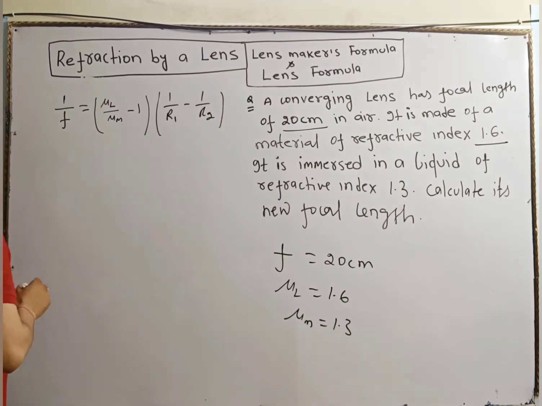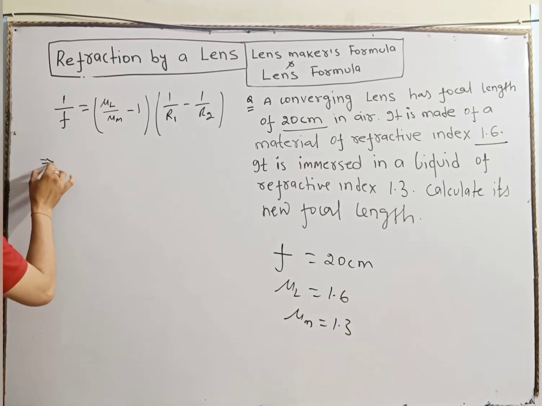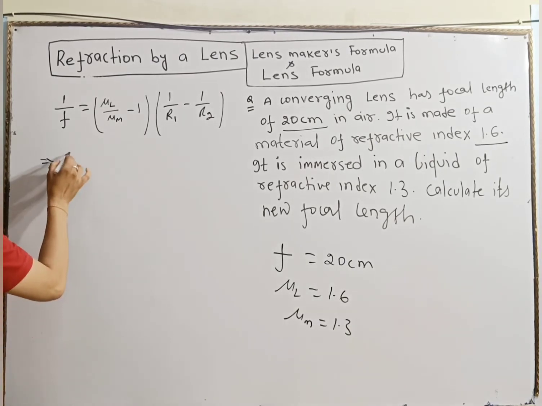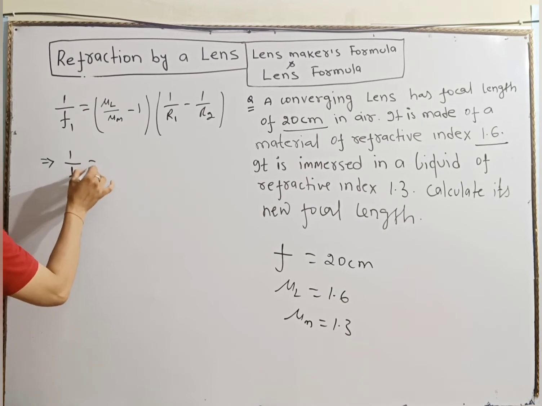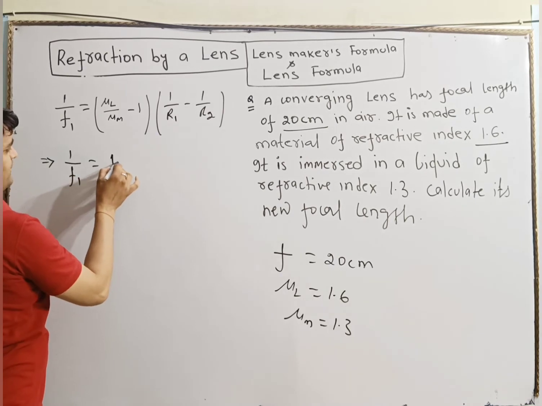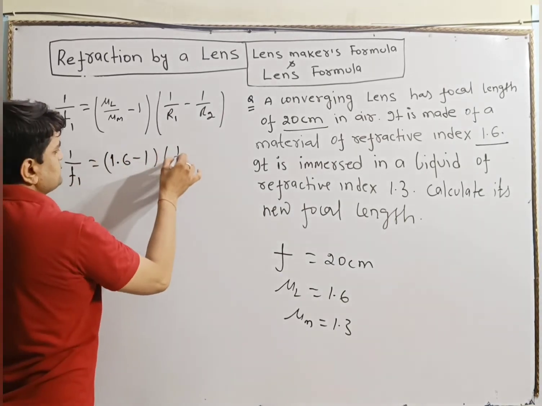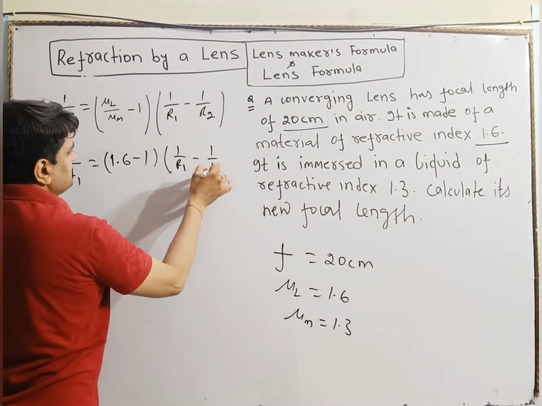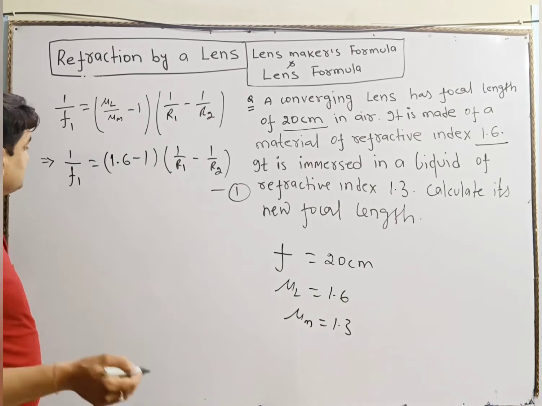When there is air, its focal length is 20 centimeter, we will put that in last. So 1 upon F1 equals mu L, which is 1.6, minus 1, into 1 upon R1 minus 1 upon R2. Let this be equation number 1.